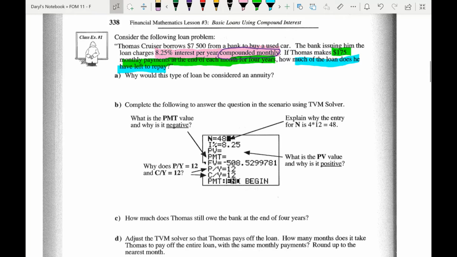Question A: why would this type of loan be considered an annuity? Well, it's an annuity because equal payments of $175 are being made each month.